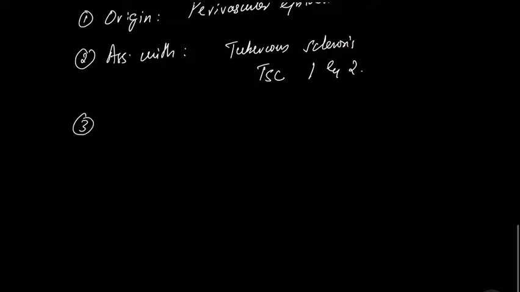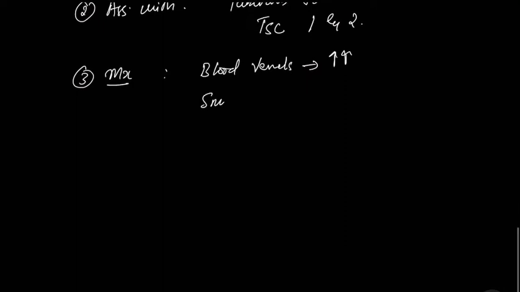Alright, coming to the microscopy of your angiomyolipoma, we see that there are abundant blood vessels. Alright, we also see smooth muscles and areas of fat.